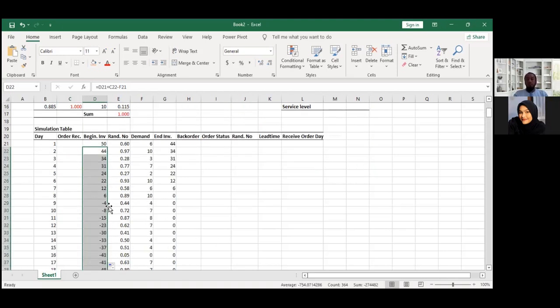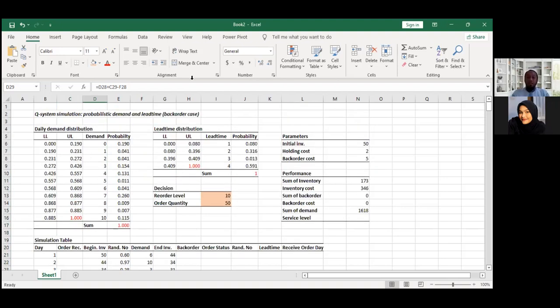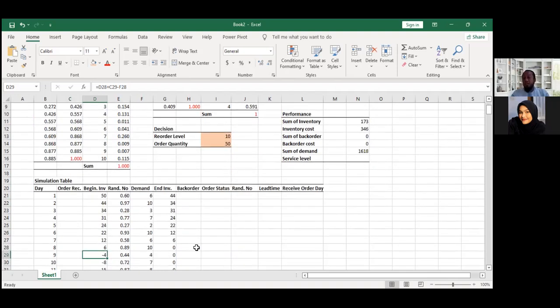Then this one, I need to explain. Why negative? This is the beginning inventory, but why negative? Because the case study is back order. Negative here represents the back order, the previous stock out. That's why when we receive an order, we need to subtract this back order first to fulfill it.